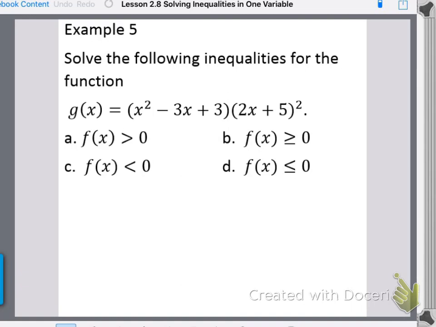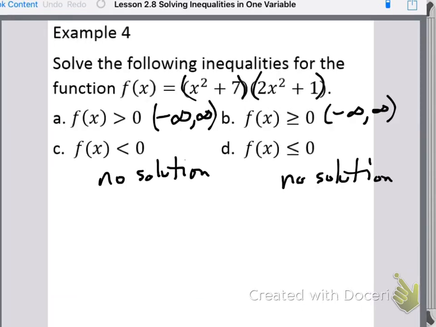So, let's plug in 1. If I let x be 1, so 1 squared minus 3, 2, that's positive. And that's positive 2, I believe. Yes. So that's positive.